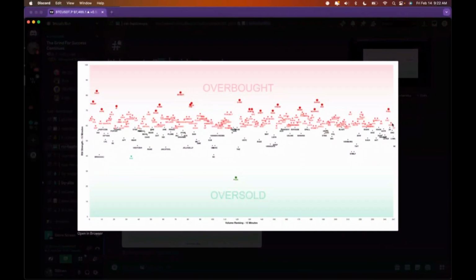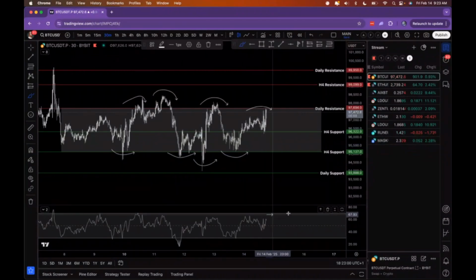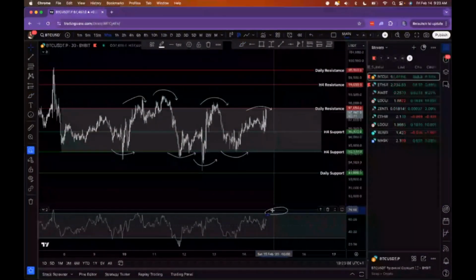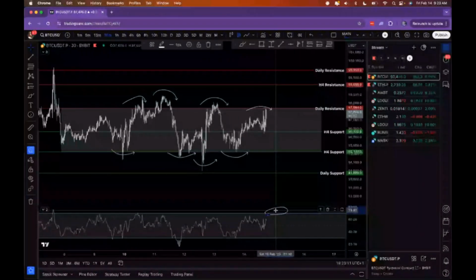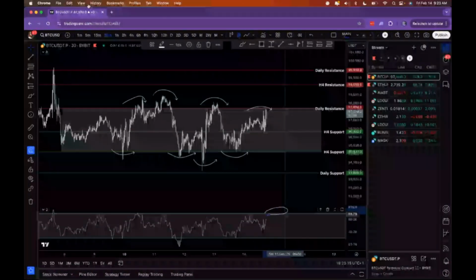If people aren't aware of what RSI is, it's this indicator down here that I was circling off. Basically every single altcoin is sitting up here on their RSI. The level above here is overbought. So mathematically, altcoins are overbought and are due for a pullback of some sort or a cool off.